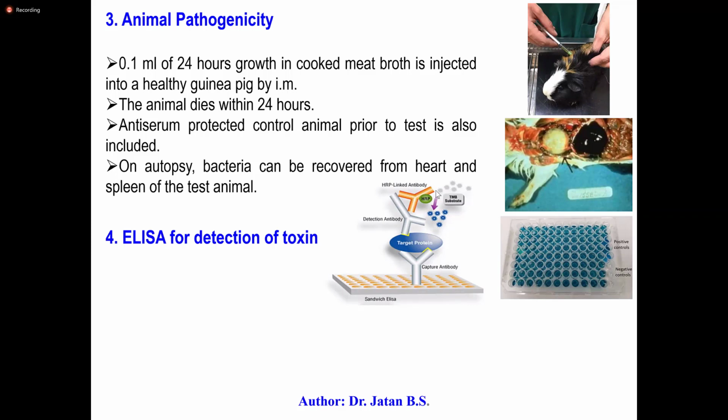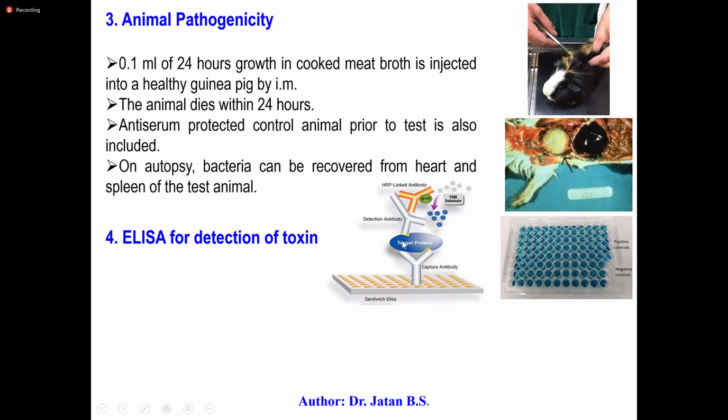But this antibody is labeled with an enzyme, HRP, that is horseradish peroxidase. If you add the substrate TMB, that is tetramethylbenzidine, it will react with horseradish peroxidase to produce a blue color.